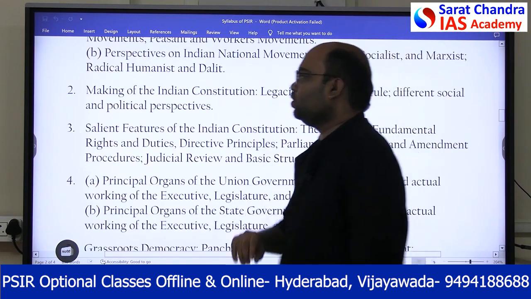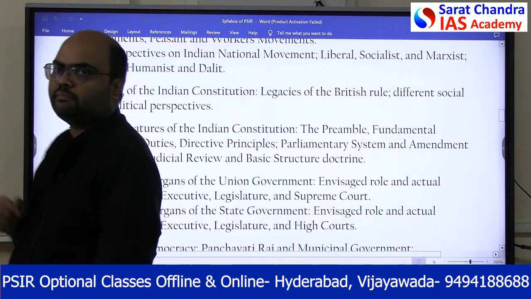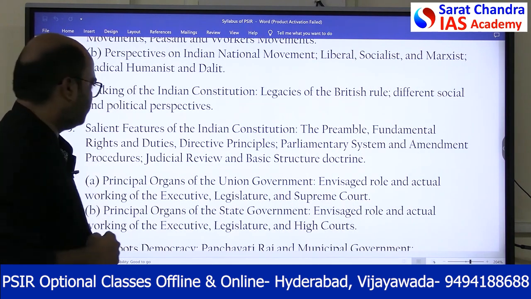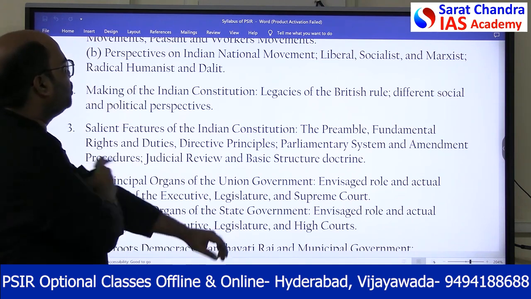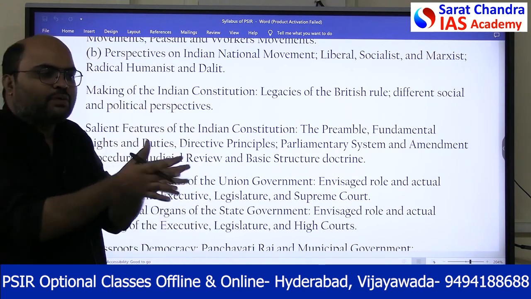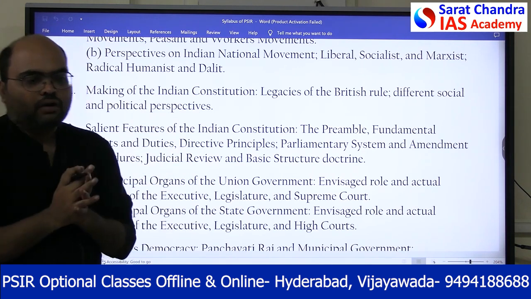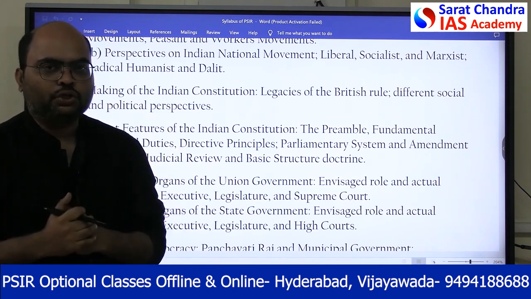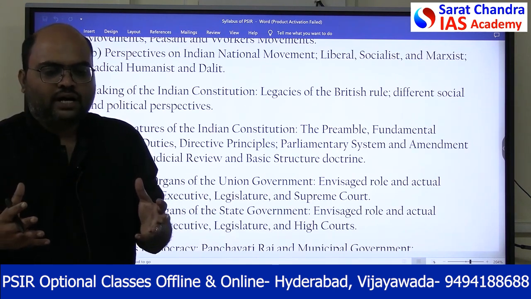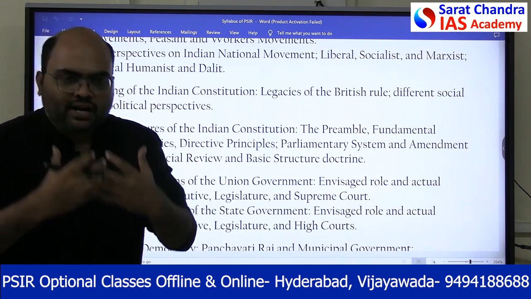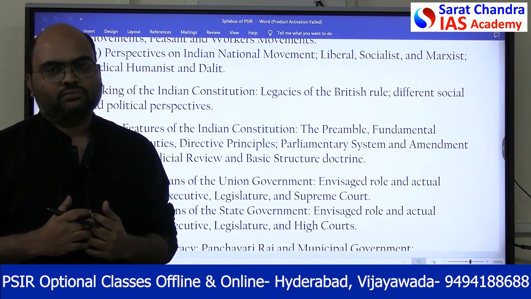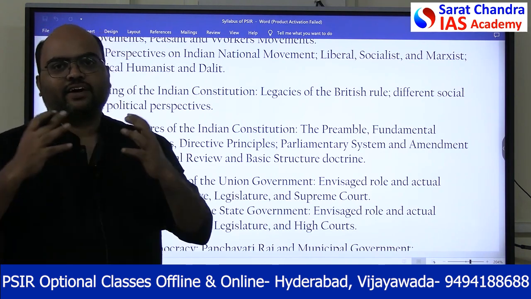And the making of the Indian Constitution. Here we come to the polity part, which you may already have covered. How the Indian Constitution was made, and what the precedents were, the previous versions according to which the British ruled India: regulating acts, charter acts, Morley-Minto reforms, Montagu-Chelmsford Act, Government of India Act 1935.